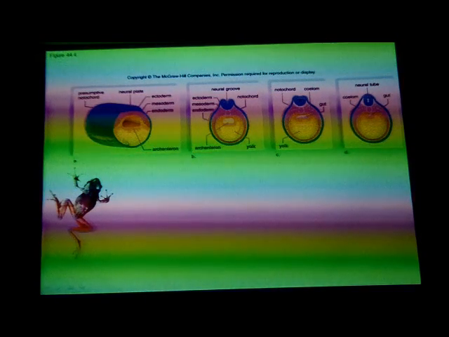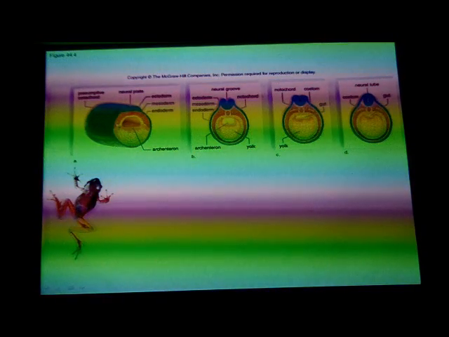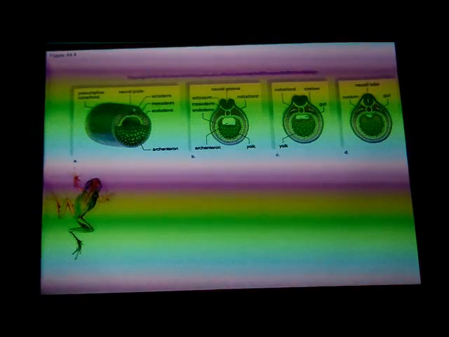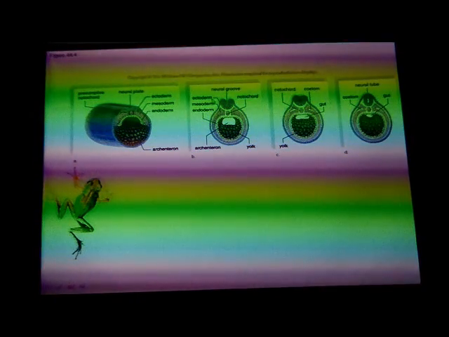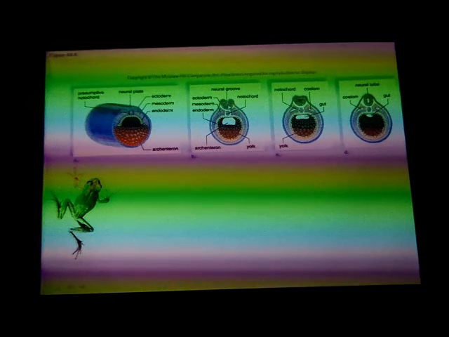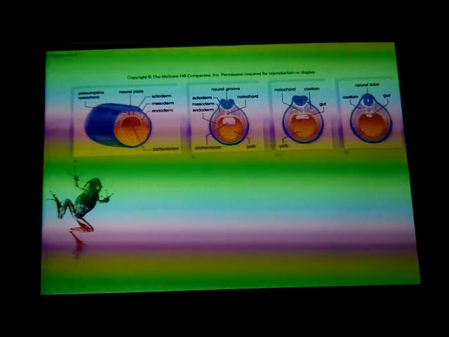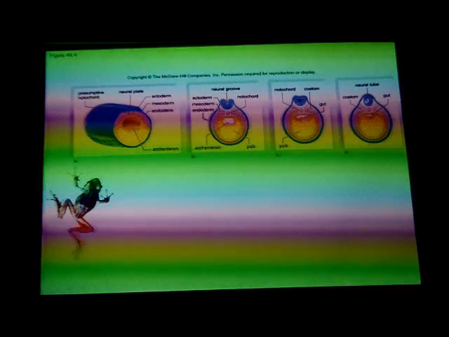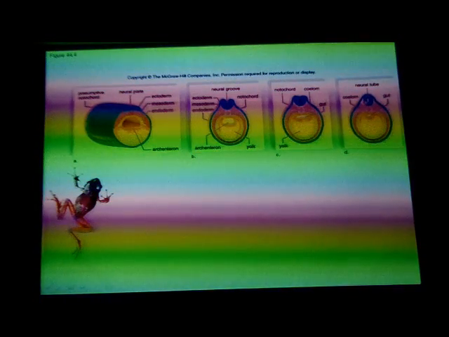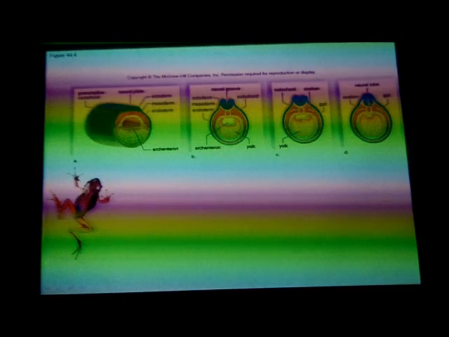So the blue cells here are ectoderm cells, and that's going to form the nervous system. The top of it here, which is called the neural plate, kind of forms a little groove. Then the cells circle around on themselves, and now we have this neural tube. That's the spinal cord. That runs all the way down the back of the animal.